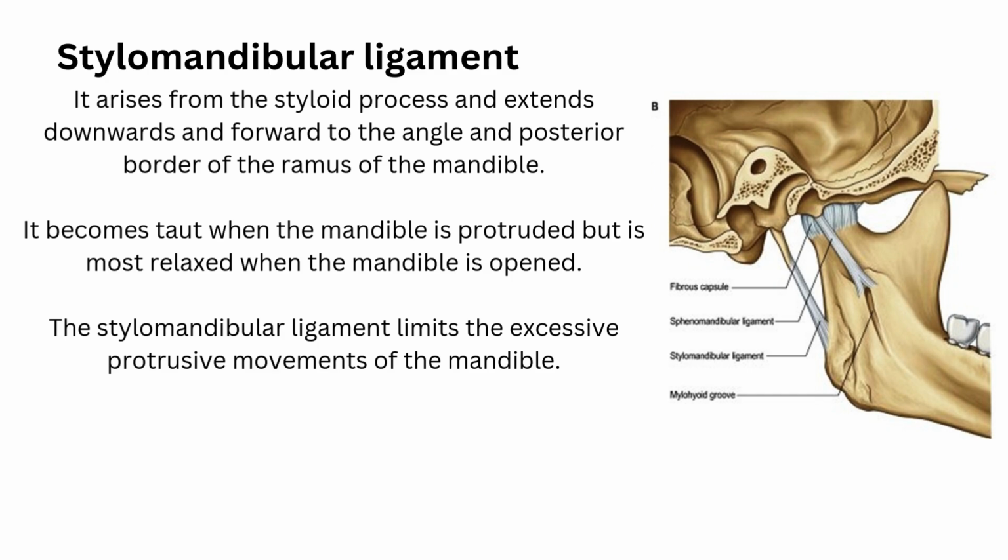Alright, now this is more relaxed when the mandible is open and becomes taut when the mandible is protruded. Okay, so basically it limits the excessive protrusion movements of the mandible.